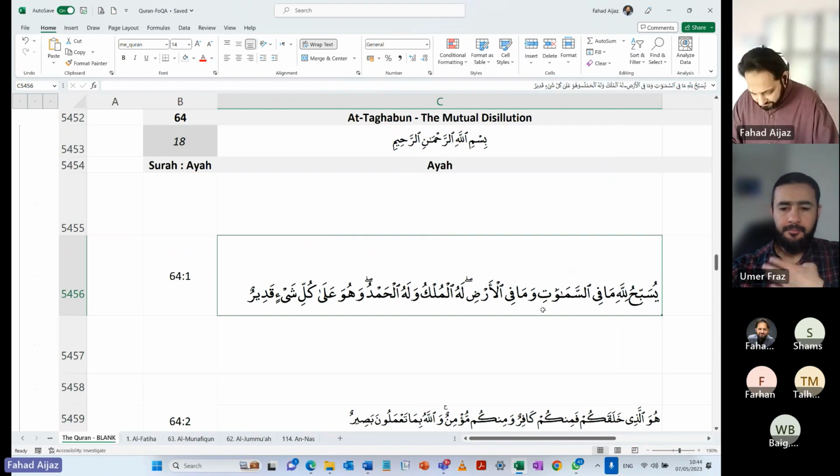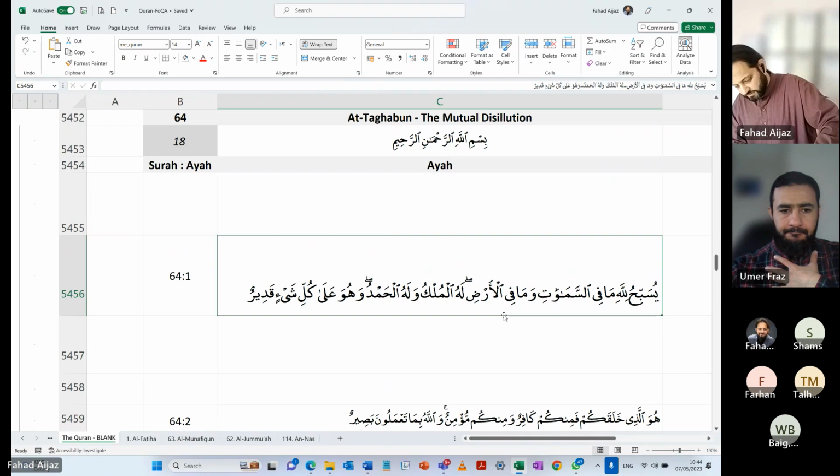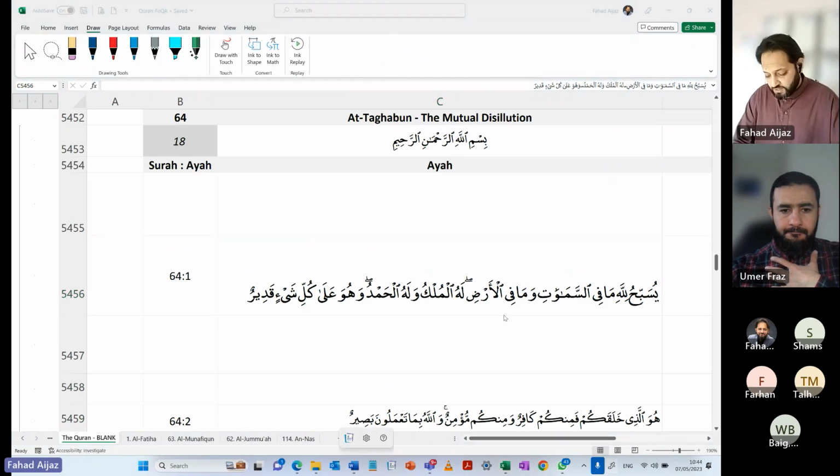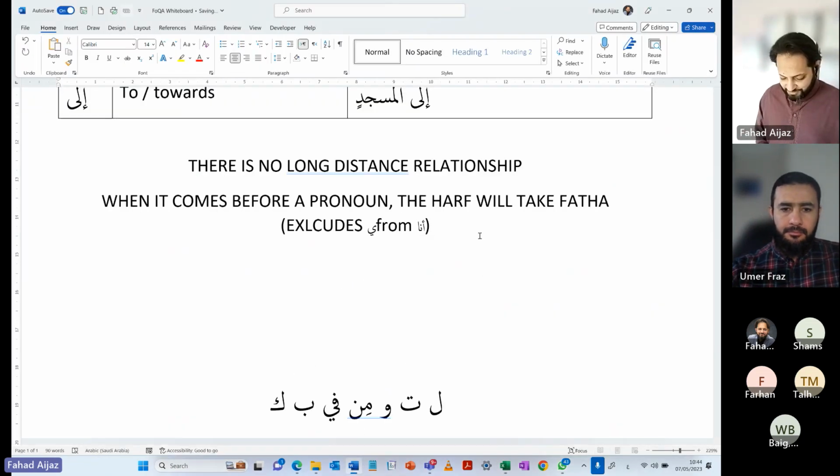Okay, good. So what we'll do is we will decode, inshallah, whatever we can spot as jar majroor. One thing I forgot to tell you is this fragment is called jar majroor.